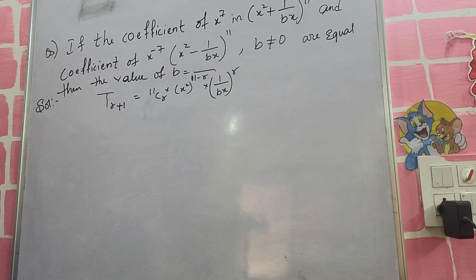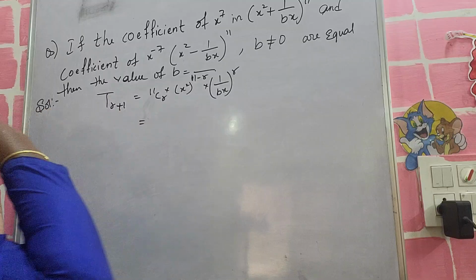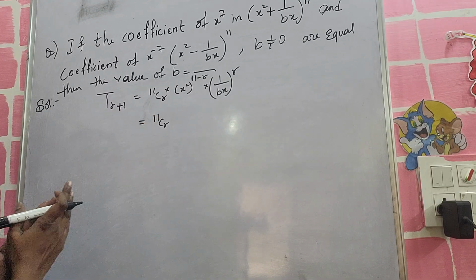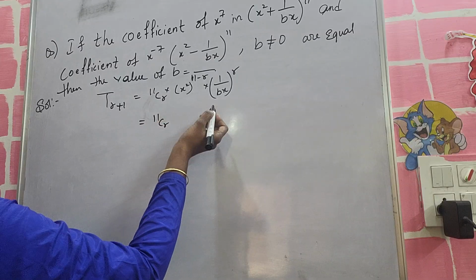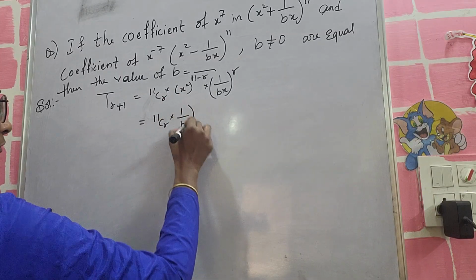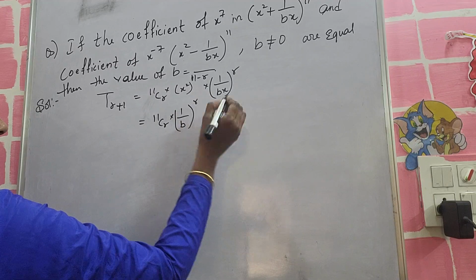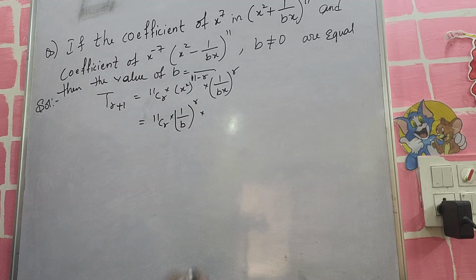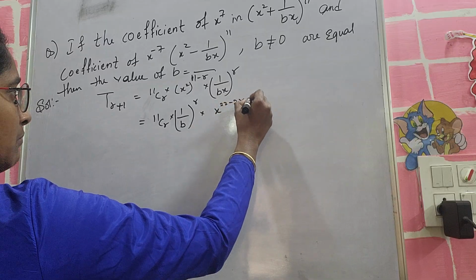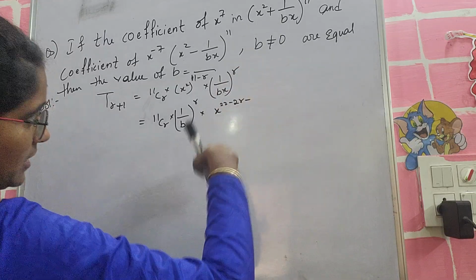So if I solve this, the numerical part I'll separate: 1 by b power of r, and then the x terms I'm writing here, x power of 22 minus 2r minus r.